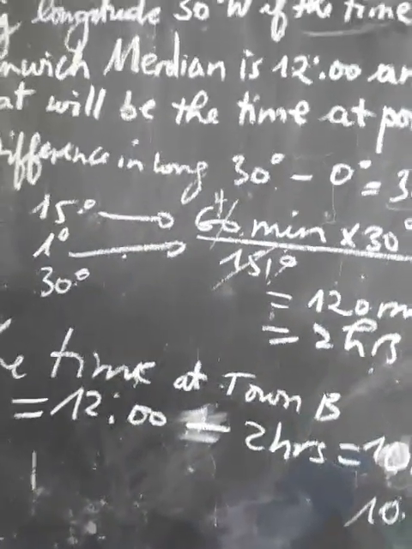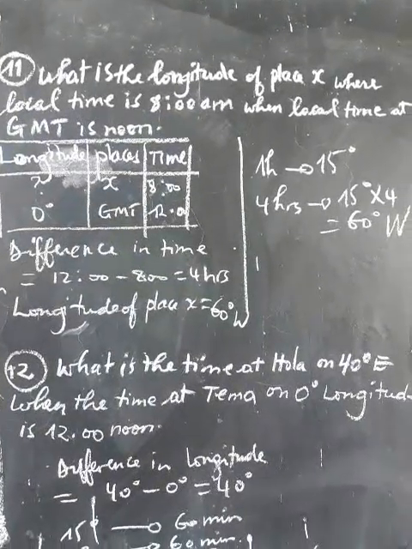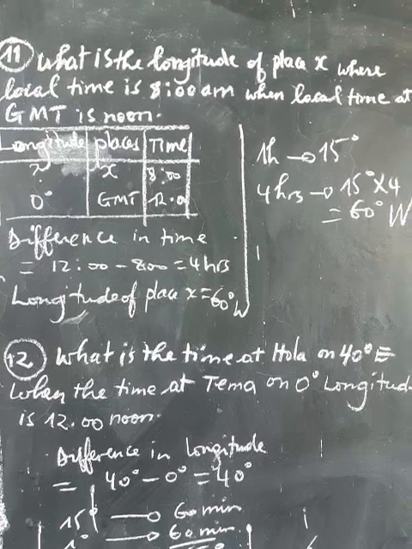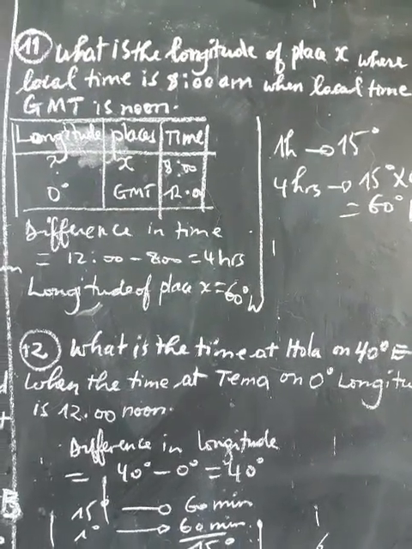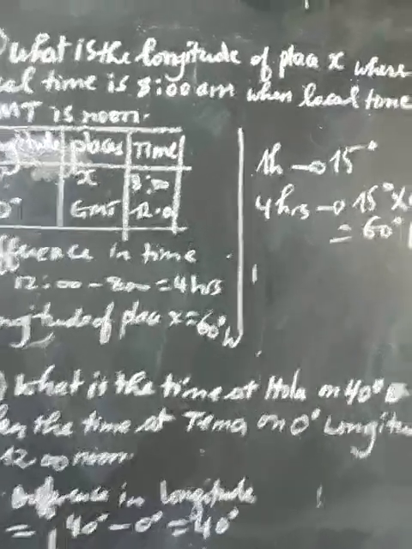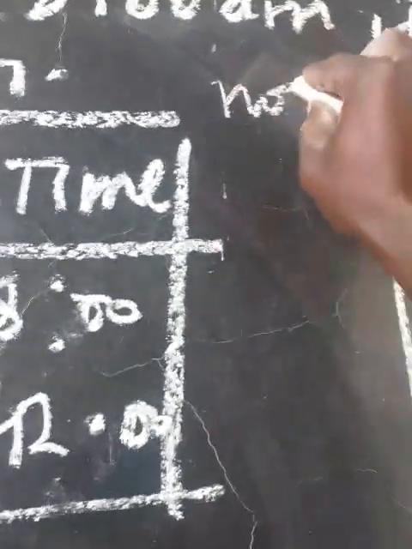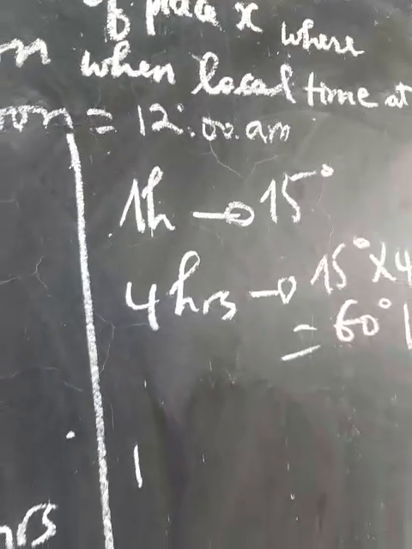Let's go to question number 11. Question number 11 is, what is the longitude of place X where the local time is 8:00 a.m. when the local time at GMT is known? If we say known, it means it is 12:00 a.m. That is the meaning of known.